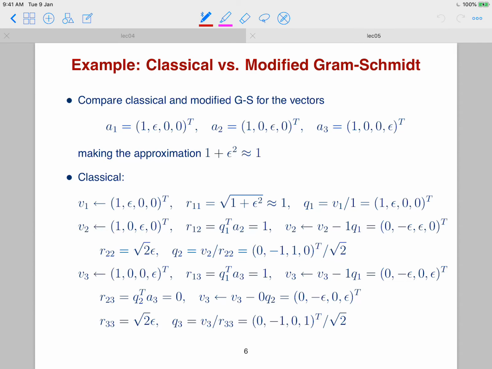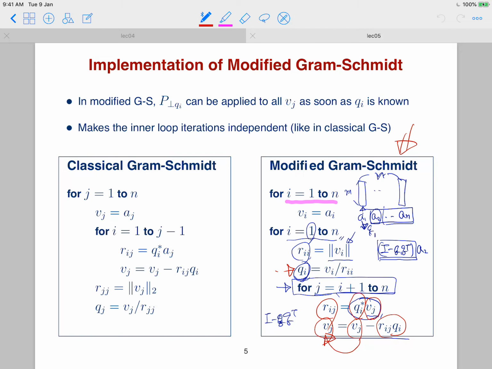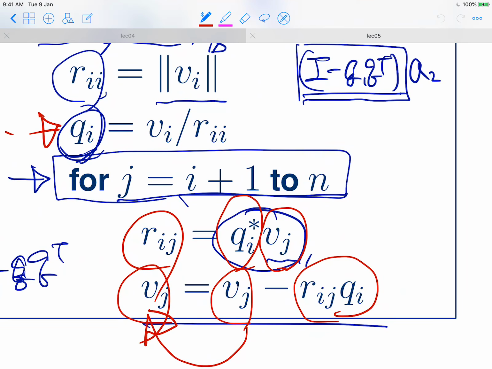So that is the modified Gram-Schmidt. Why is it good, or what's the practical difference from the original Gram-Schmidt? Again, the original Gram-Schmidt just obtains this line segment component as an inner product of that orthonormal vector with the original input vector, right?